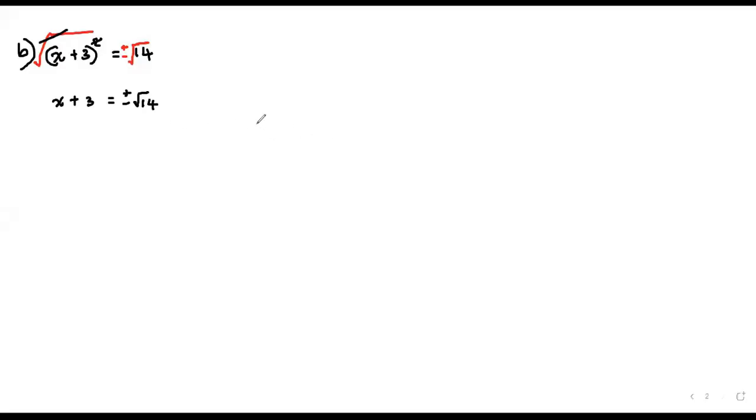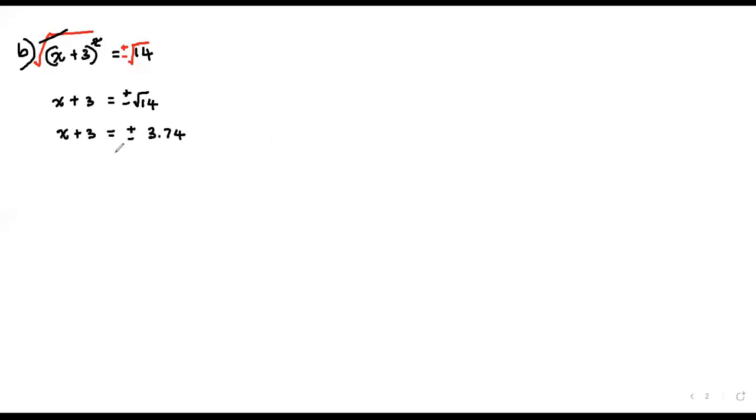Now we know that the square root of 14 is 3.74. So we say that x plus 3 is equal to positive or negative square root of 14, which is 3.74. You understand that? Yes. Okay.